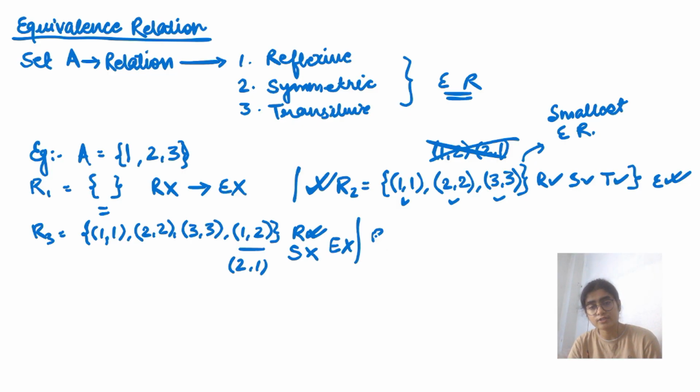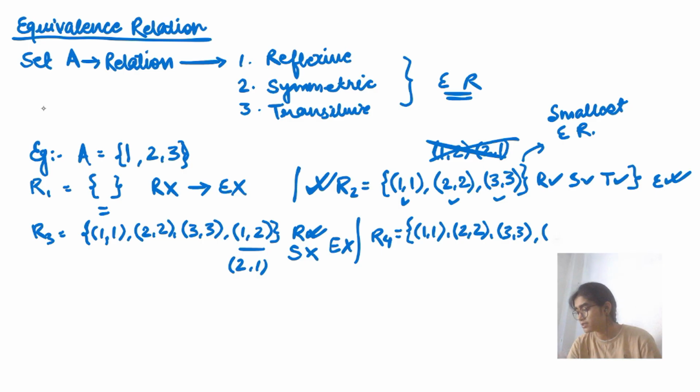So now let's check the next one, relation 4. Let's suppose we write here (1, 1), (2, 2), (3, 3), and I'll write here (1, 2) and (2, 1). So let's see this. Is it reflexive?